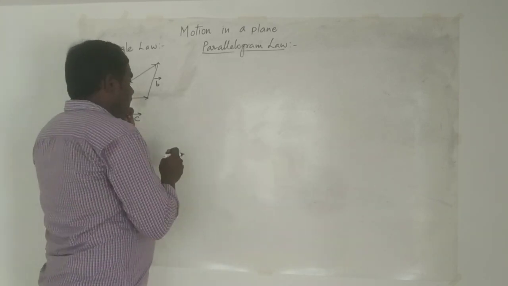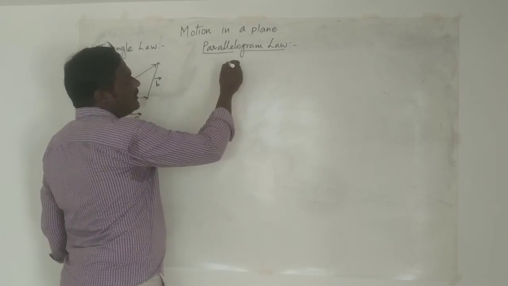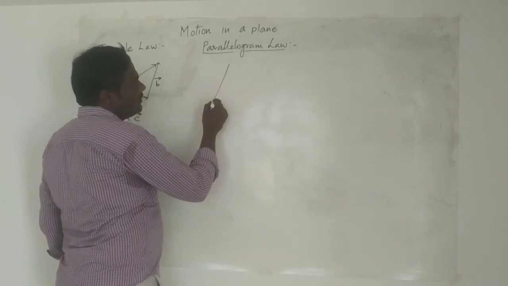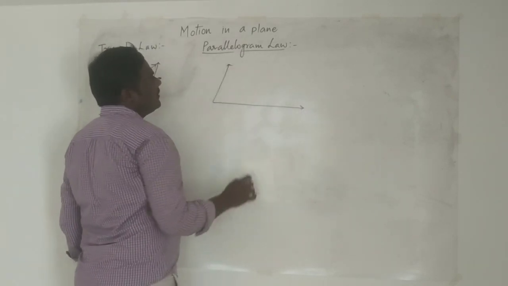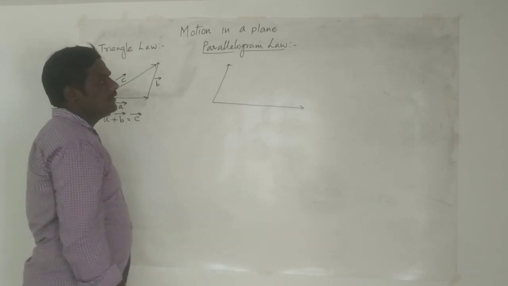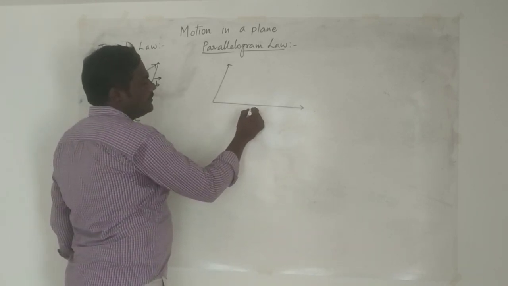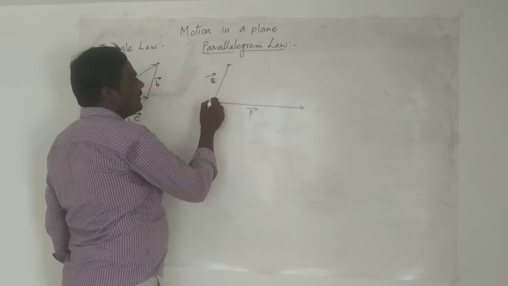So in order to calculate, let us go with the drawing of the required diagram. You know, a parallelogram is a four-sided geometry. Opposite sides are equal, but none of the angles is 90 degrees. So here I will take P bar as one vector and Q bar is another vector.